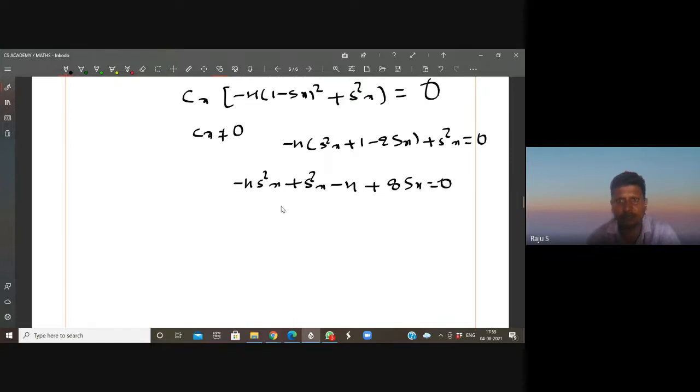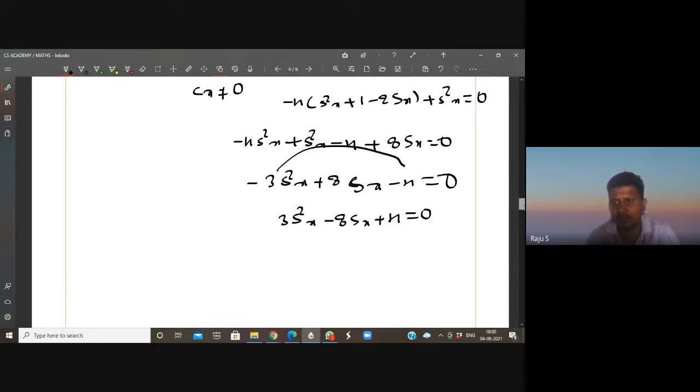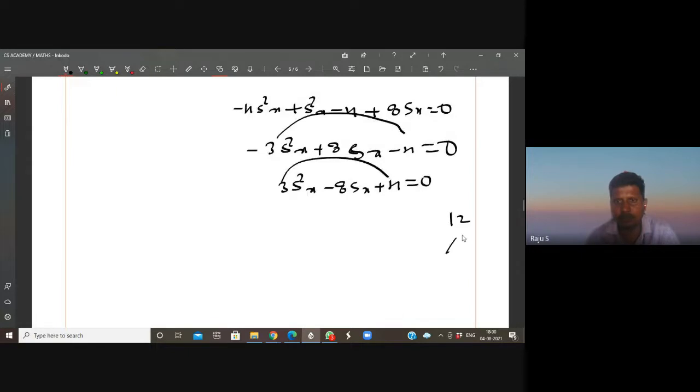So finally 3 sin square x minus 8 sin x plus 4 is equal to 0, taking minus common. Right, what are the factors? Here 3 fours are 12. 12 means to get 8: minus 6 minus 2.